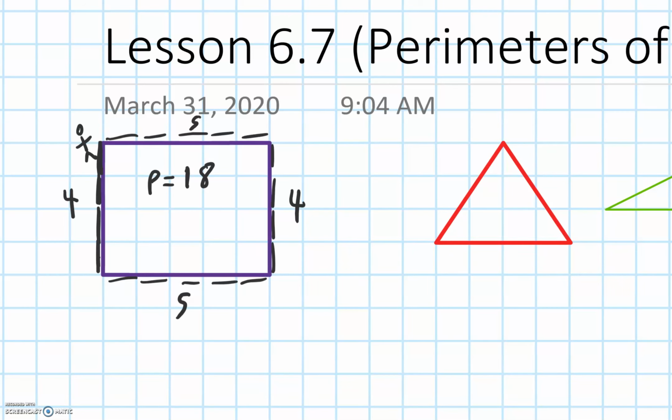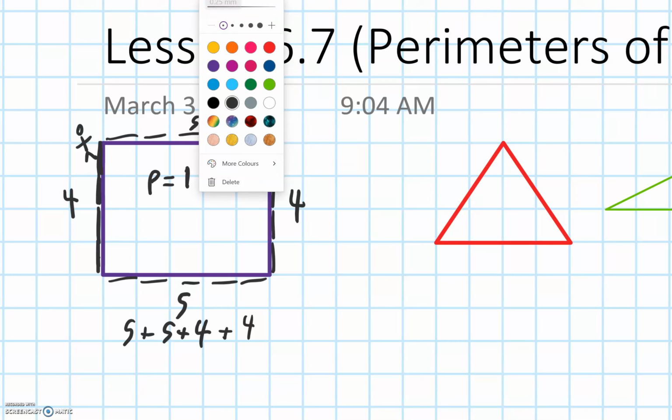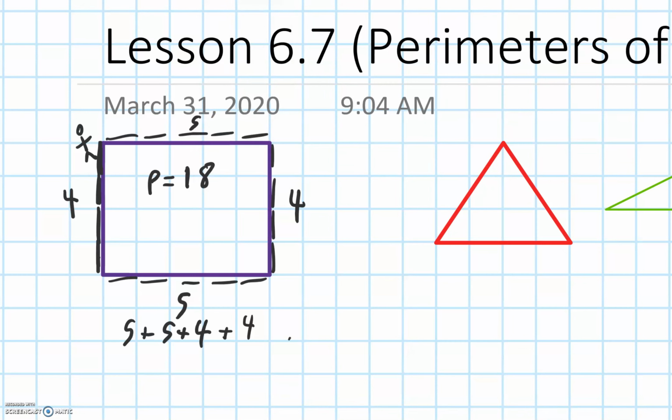So if we add up all the sides, 5 plus 5 plus 4 plus 4, then we have that same distance, the distance of 18. So that's all that perimeter is. It's just adding up all the sides of your shape.